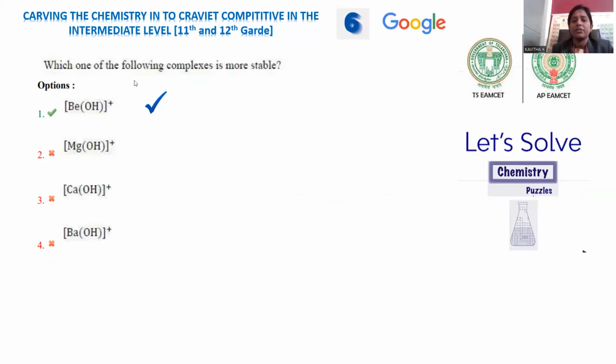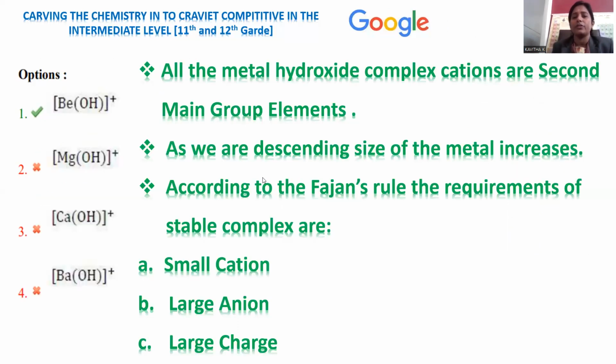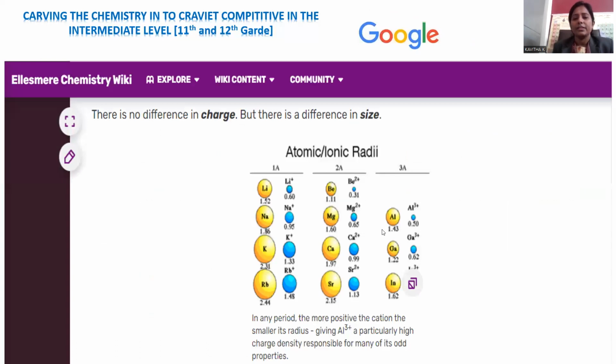Question number 6. Which of the following complexes is more stable? Beryllium hydroxy cation is more stable, right? By this, we completed the entire session. And I hope I explained everything very well. If anything is required, you can comment over here. This is also how we collected statistical data related to their atomic sizes. If beryllium is considered, 0.31 is its size.